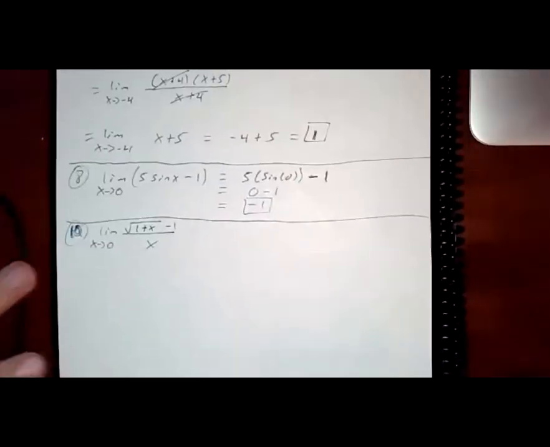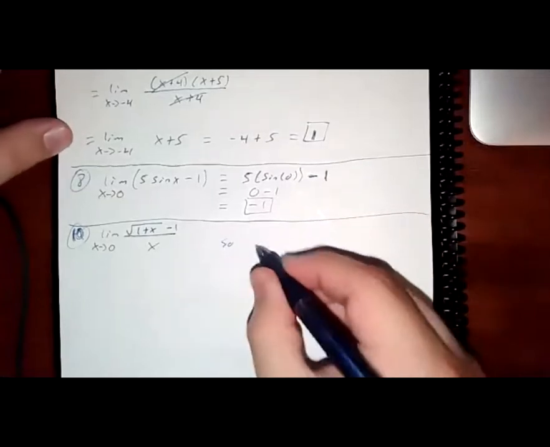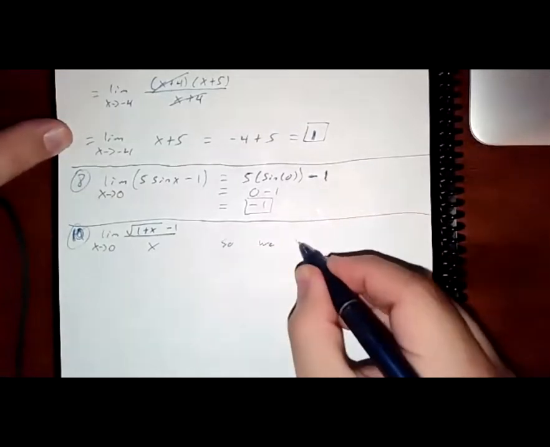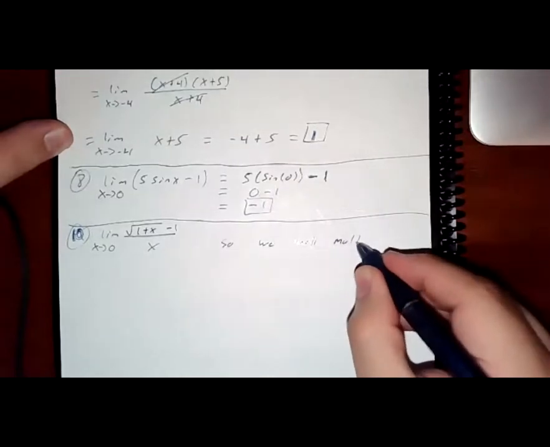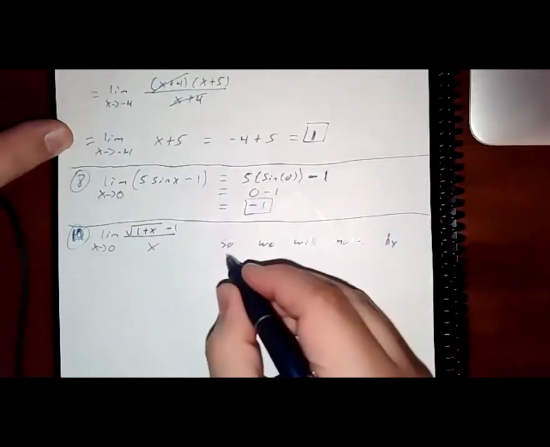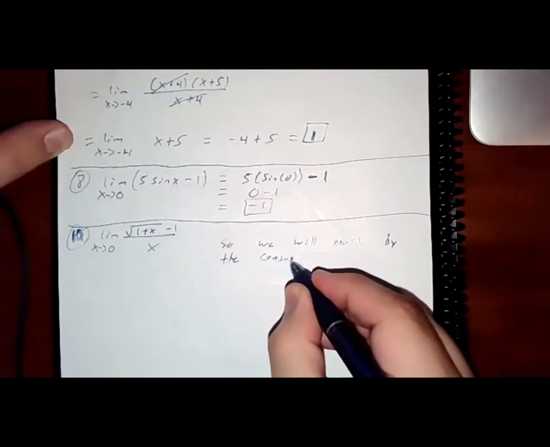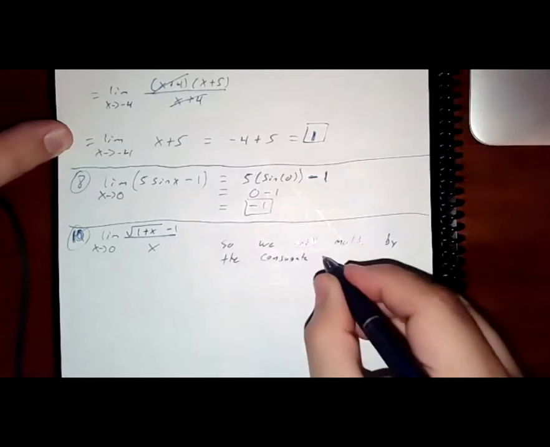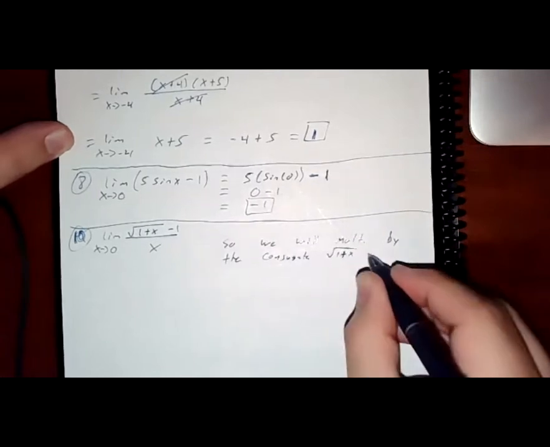All right. So we will multiply by the conjugate: square root of 1 plus x plus 1.